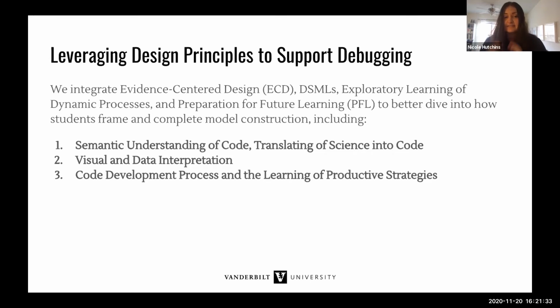How do they utilize the visualization from the Snap environment, but also the data, to either identify errors in the code and make corrections, or just to check whether their assumption about their science understanding is correct? And also diving into their development process: are they learning useful strategies to build models over time?